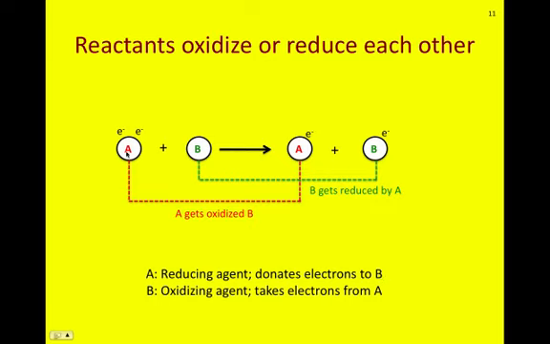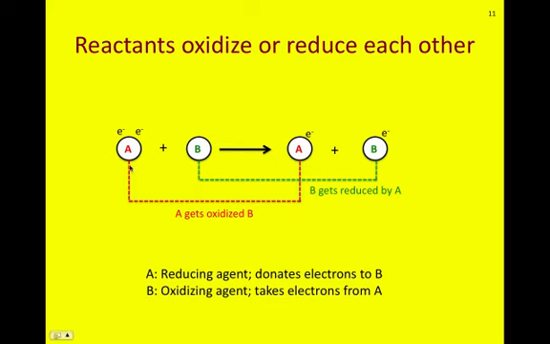Again, A starts off with 2 electrons and gives 1 to compound B. B gets reduced by compound A. I hope that makes sense. If not, go through this multiple times and see if you can quickly identify which compound is oxidized or reduced, and which compound is the reducing agent and which is the oxidizing agent.